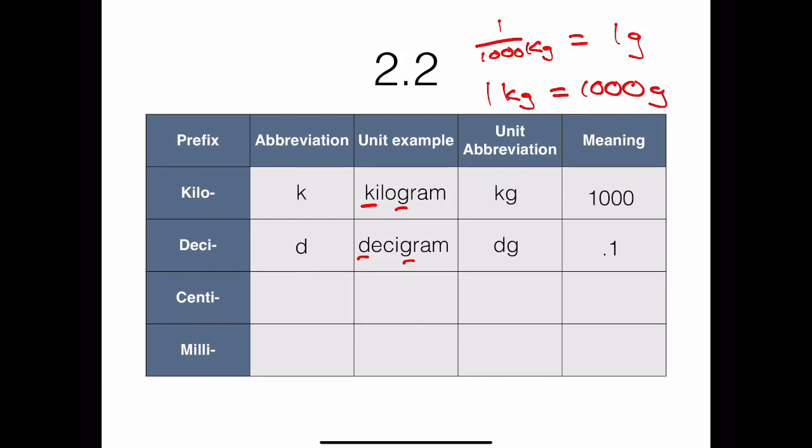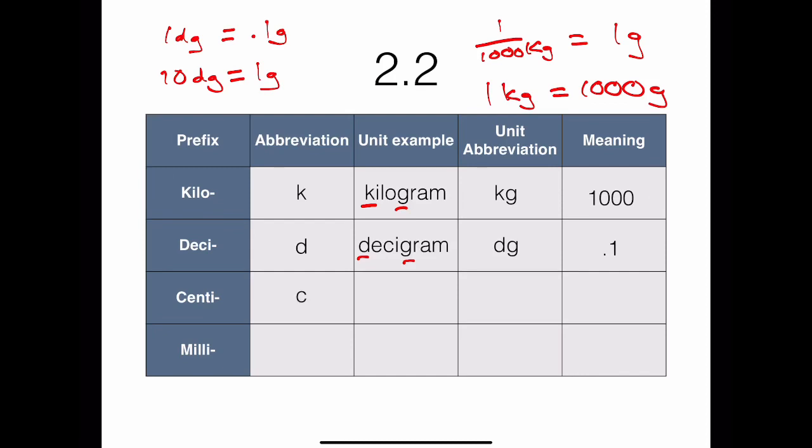So this is telling us that 10 decigrams equals 1 gram, or 0.1 grams equals 1 decigram. So when we see the meaning, that meaning is always referring to the base unit.